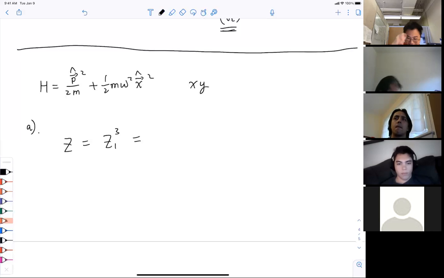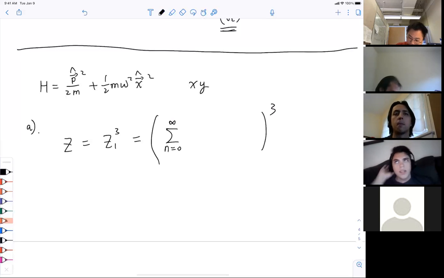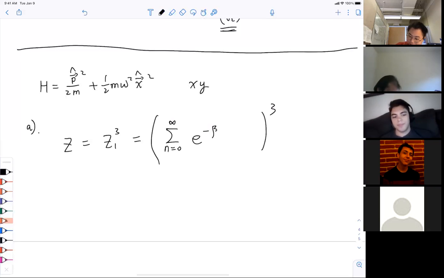What's that? So n equal to 0 from 0 to infinity, beta h is n constant, something like that. And you can do this sum. This sum is easy to do.